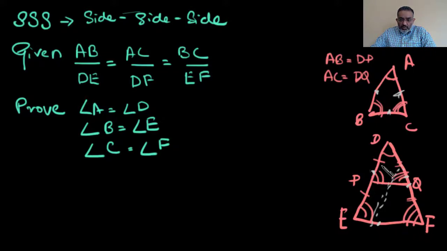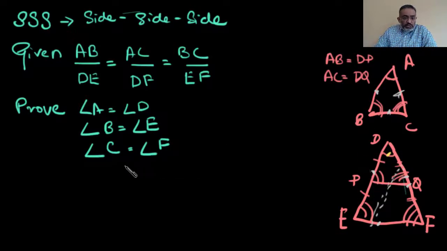So this side is proportional to this side, base is proportional to this base, and this side is proportional to this side. All right, now what we want to prove here is that angle A is equal to angle D. This angle is equal to this angle, and so on. All three corresponding angles are equal, and that's how we prove that these two are in fact mathematically similar.